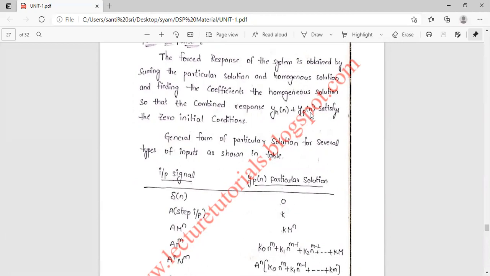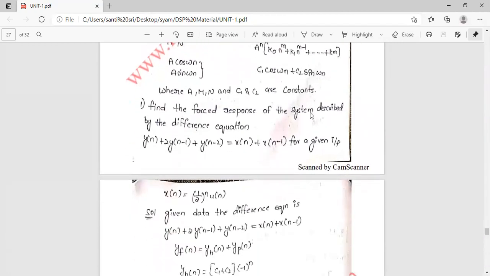First of all, we have to write the forced response as a combination of homogeneous and particular solutions, that is yf of n, the forced response, is equal to yh of n plus yp of n. What is yh of n? The homogeneous solution for this one is yh of n equal to c1 plus c2 into minus 1 whole power n.